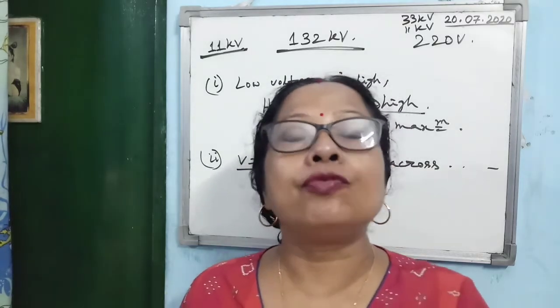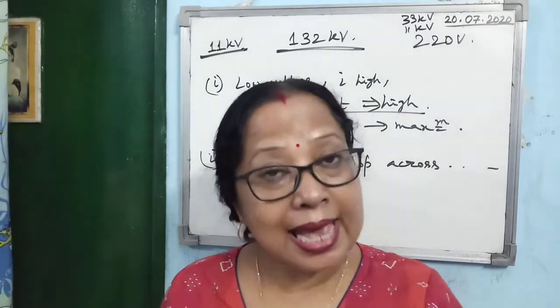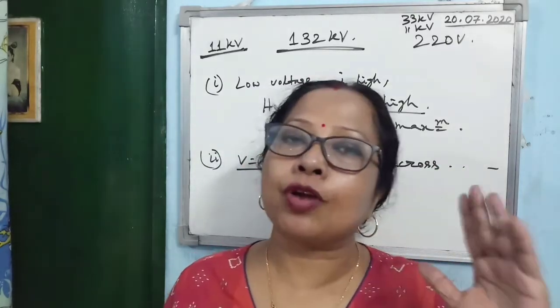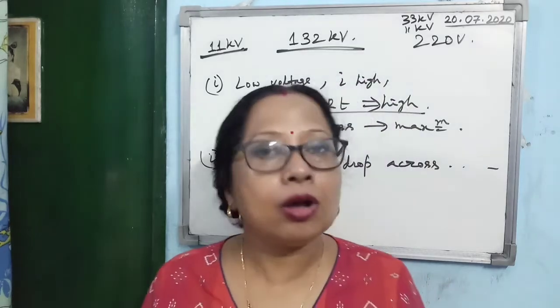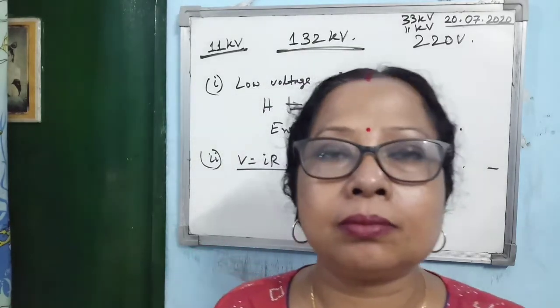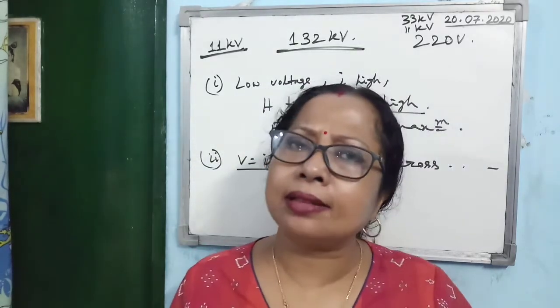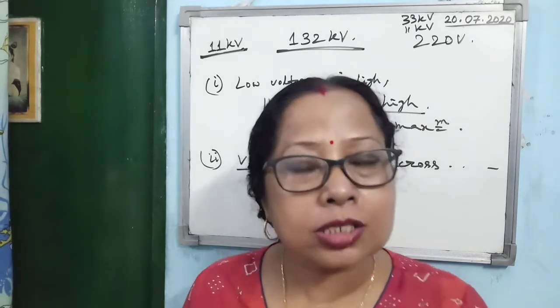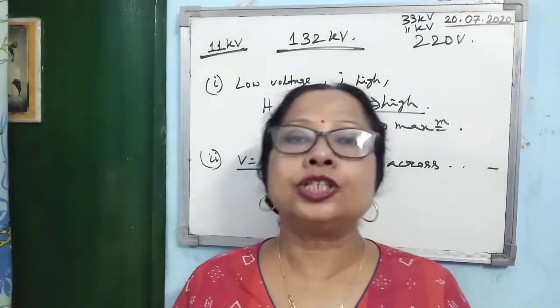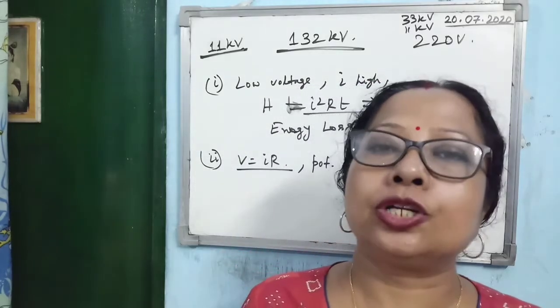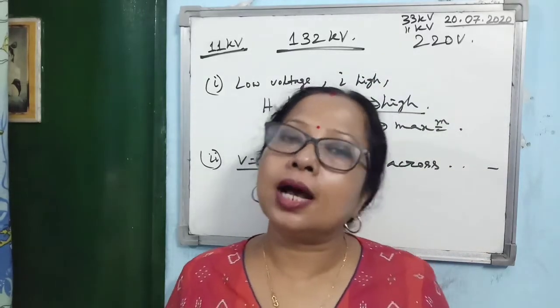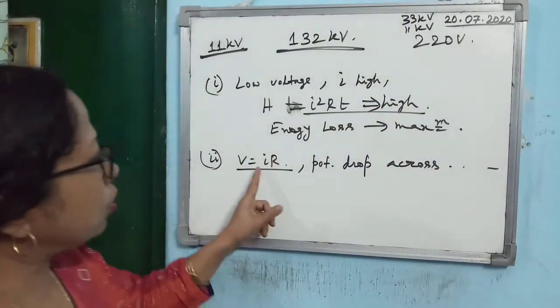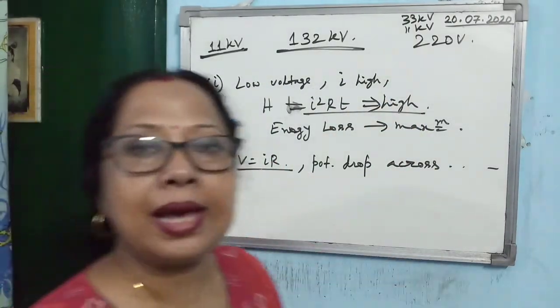At the receiving end, the voltage will be less than at the transmitting end. Why will the receiving end voltage be less? Because across the path, a large potential drop will occur across the cable, because the current is high.